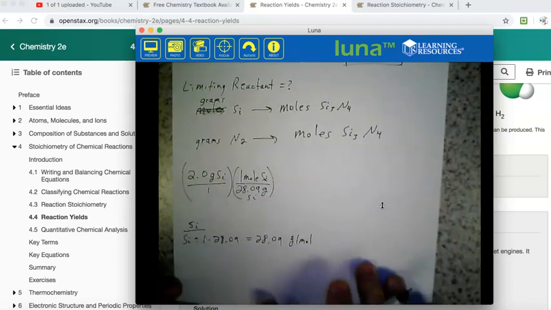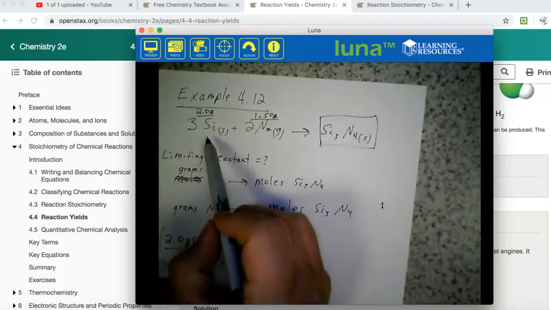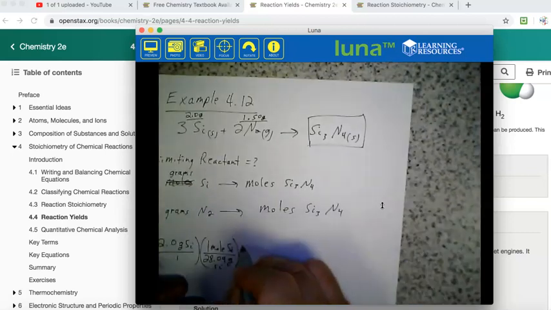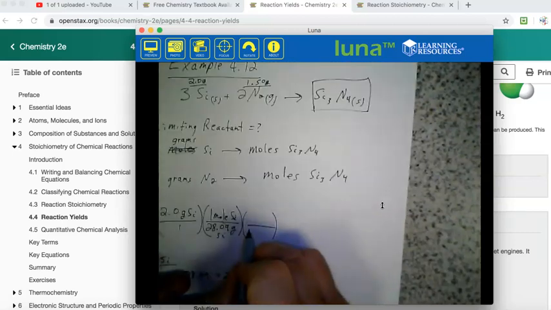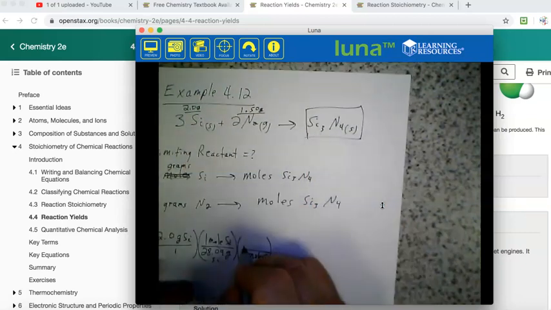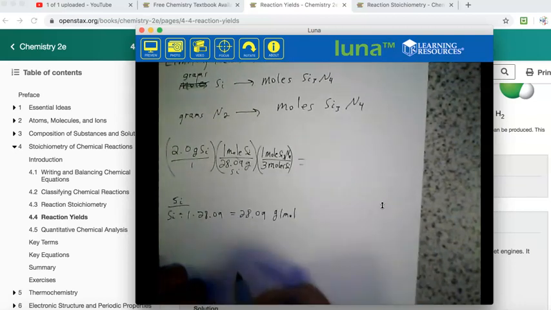Now I went from grams to moles, so I need to go from moles of silicon to moles of Si3N4, using my molar ratio. For every 3 moles of silicon, I can produce 1 mole of Si3N4.